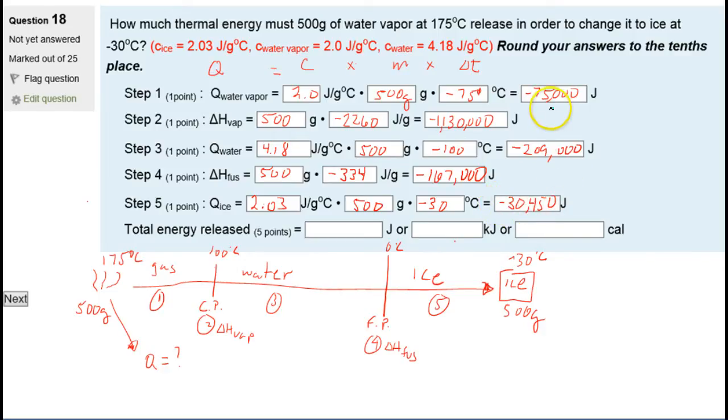So now that I have these 5 values, what I simply need to do is add these up. So let me do that.